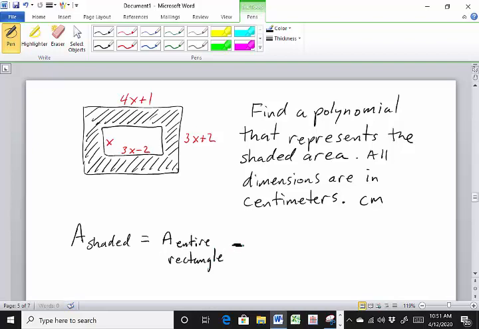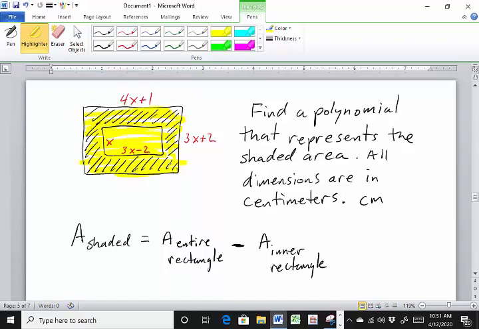Okay, subtract the area of the inner rectangle. All right? So you take the area of the complete rectangle, and let me shade this all in. So this would be the entire rectangle. And if we subtract the inner rectangle, what's going to be left is just the area of that shaded part. Okay?